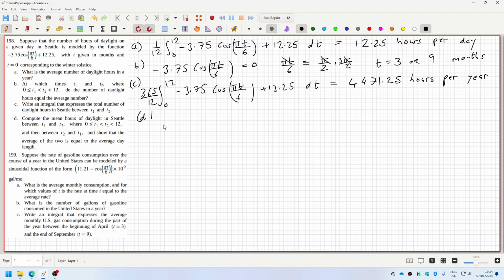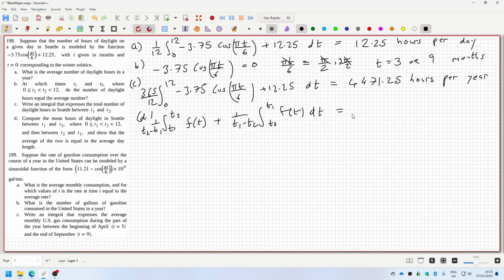Okay, so that'd be the integral from t1 to t2, and I'll just call the function f(t). And the average, so plus, oh, not 1/12, plus 1 over t2 minus t1, integral of f(t) dt.